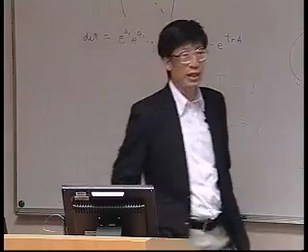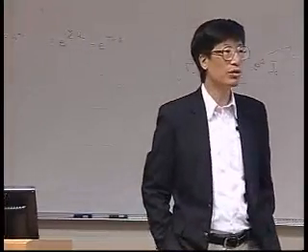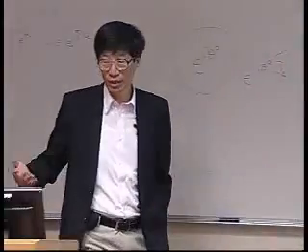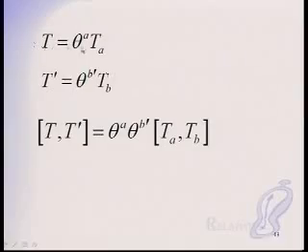So let's look at the commutation between two T's, because that's all we need to understand. The first T can always be written as theta A T A. That is expressing an element of the linear space in terms of the basis. Any Hermitian traceless matrix can be written as real numbers times the basis matrices.